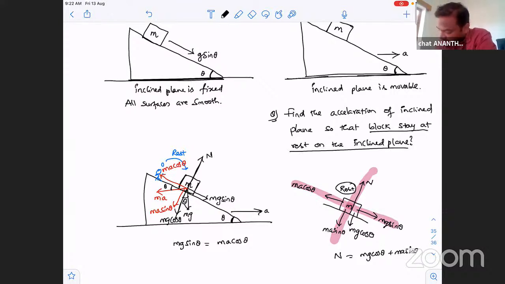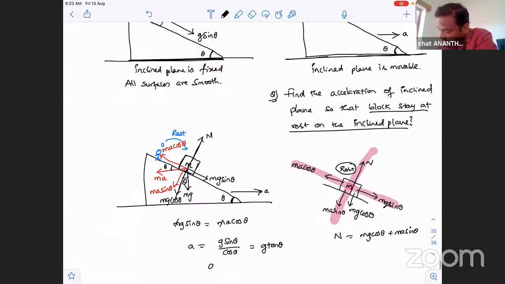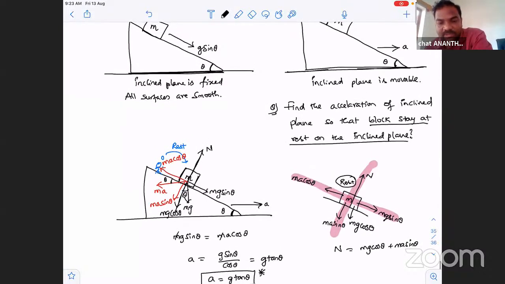Then I can write that the m value will cancel out. Then what is the a value? g sin theta by cos theta, so the acceleration is equal to g tan theta. So what acceleration of the inclined plane is required? The acceleration of the inclined plane required is g tan theta, so that the block will be at rest on the inclined plane.